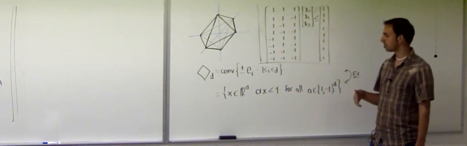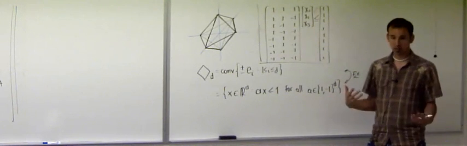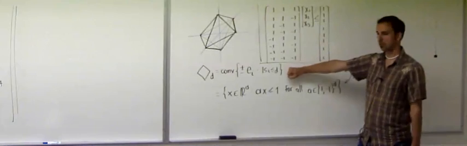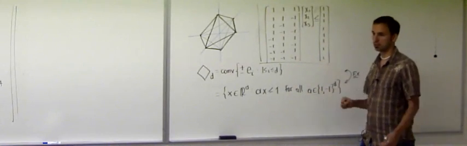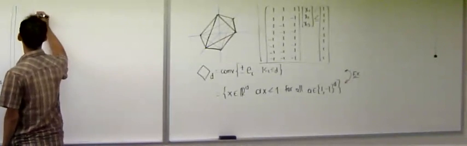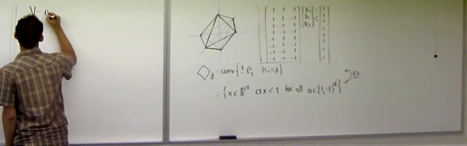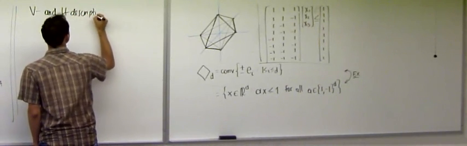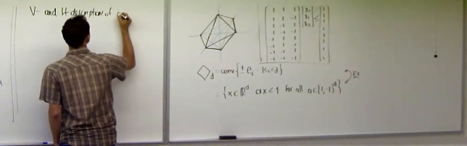And what we're going to talk about next is how any polytope always has those two ways of describing it. So this is what we call the V and H descriptions of polytopes.